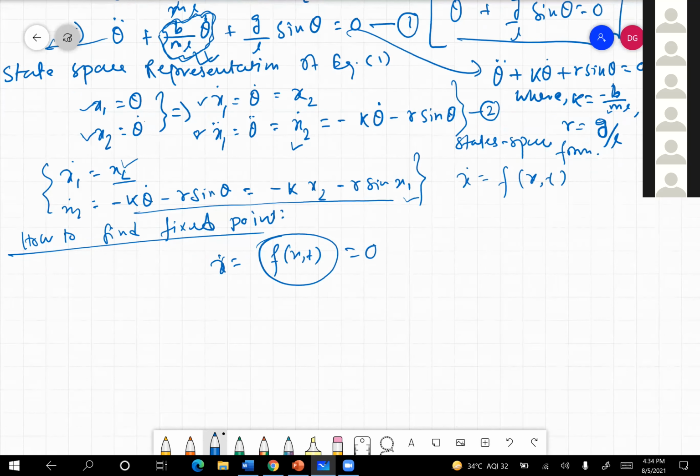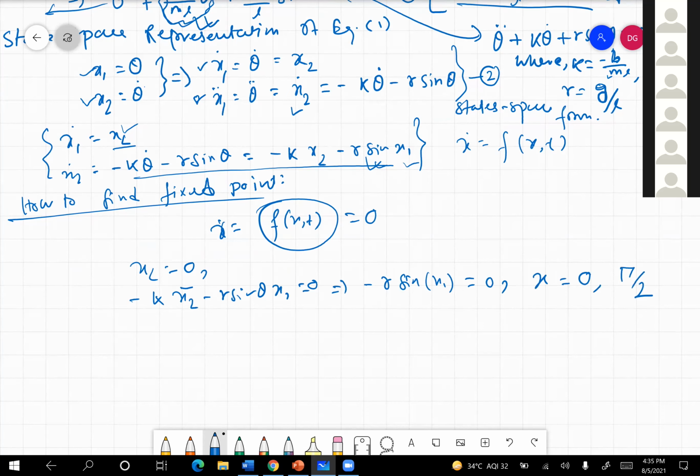So for x1 we have two equilibrium points, one is 0 and another is pi by 2. Sorry, it is not pi by 2, it's pi actually, right? So 180 degrees is going up. When the pendulum is vertically down, it is 0, and when it is going up here, it is pi.